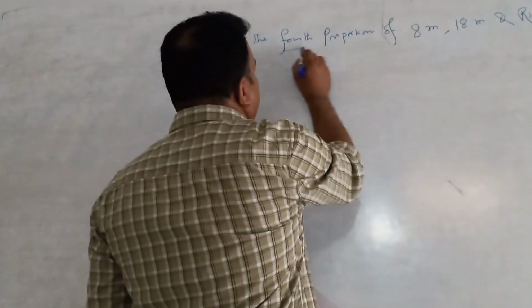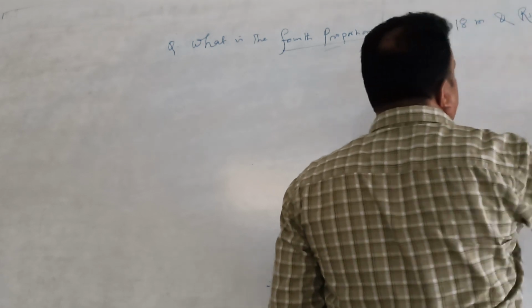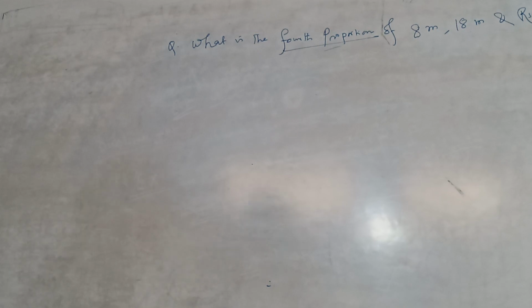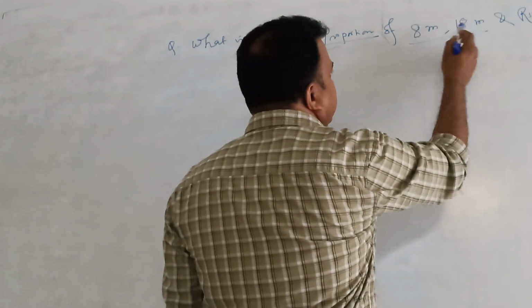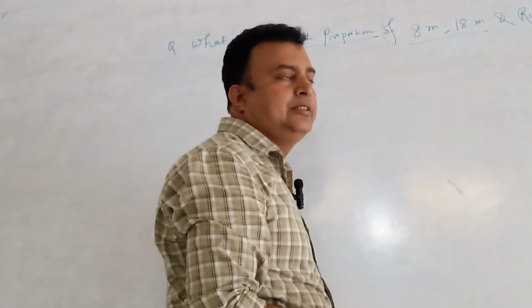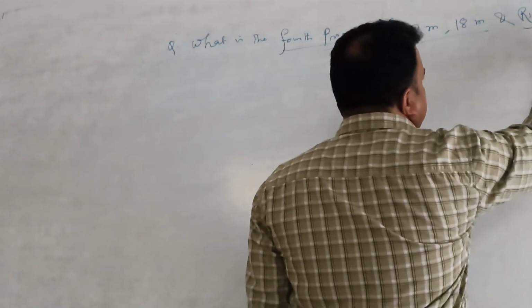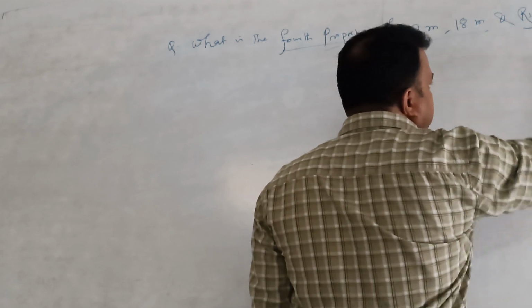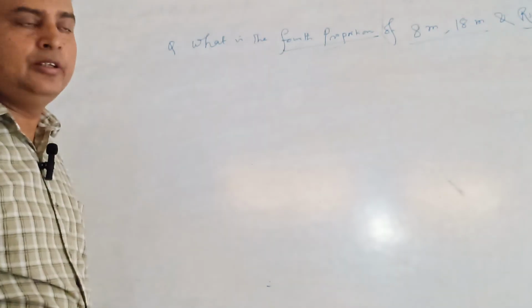You have to find out the fourth proportion, that is first term, second term, third term, fourth term. It is to be found out. You see that the first two terms are in meter, and the unit of the third term is rupees. Obviously, the unit of the fourth term will be in rupees. The answer will be in rupees.